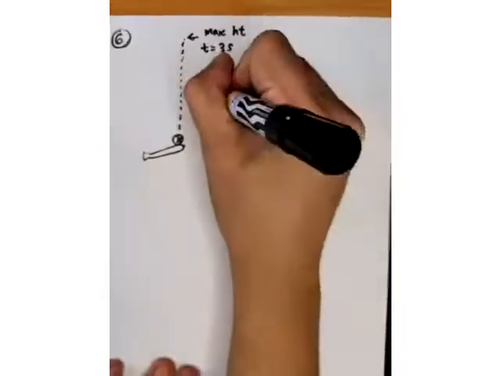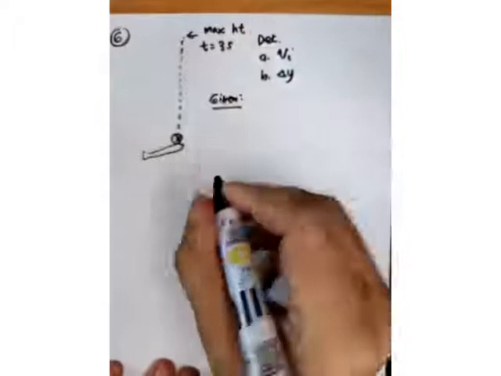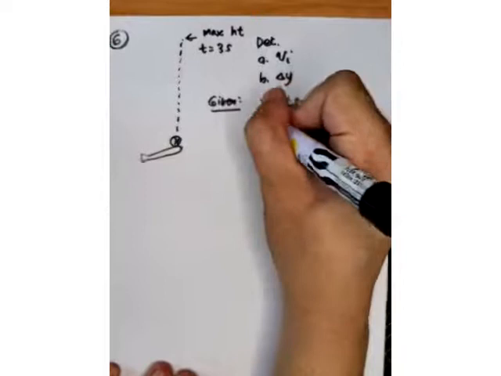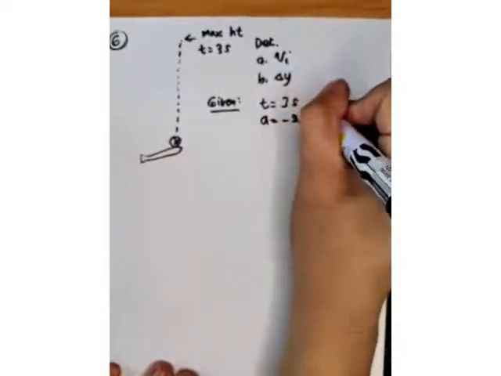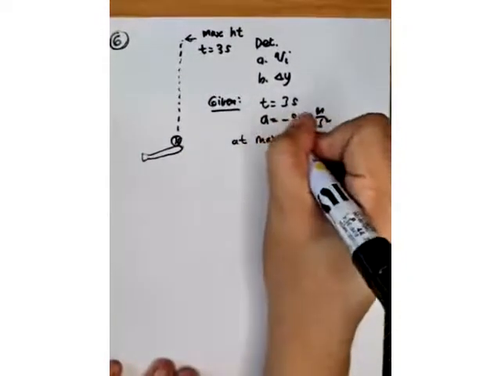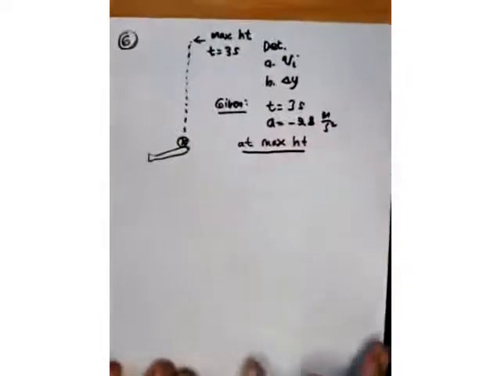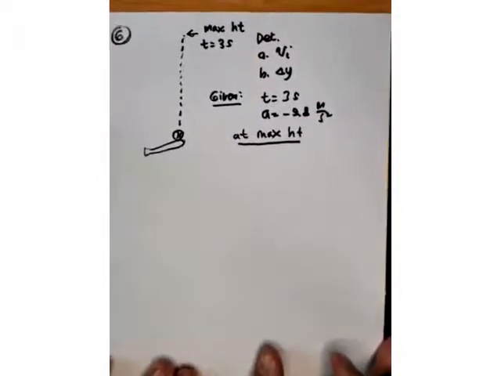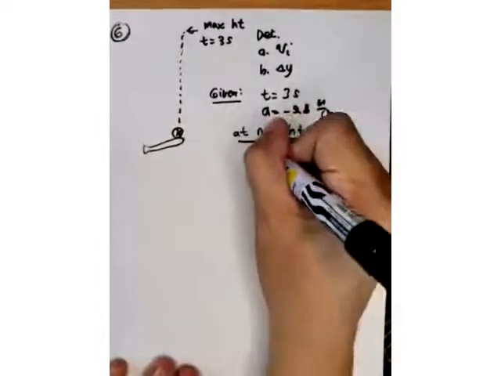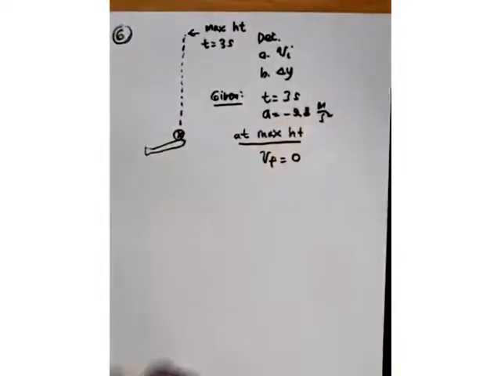Okay, ano ba yung given natin? So we're given that time is 3 seconds, and then acceleration is negative 9.8 meters per second squared. And at max height, what can we conclude? Anong meron siya at max height? Okay, yung velocity niya ay 0. So tama kayo, velocity niya ay 0.